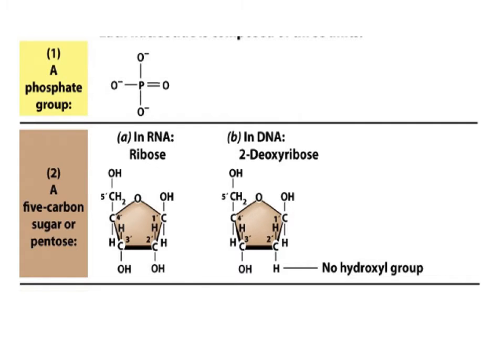No hydroxyl on the 2' carbon in DNA gives it the deoxy sense to the name. Again, as a reminder, look at the carbon atoms and see how we have labeled them: 1', 2', 3', 4', 5'. This will eventually give orientation to the DNA molecule.